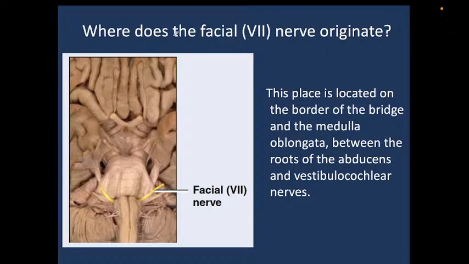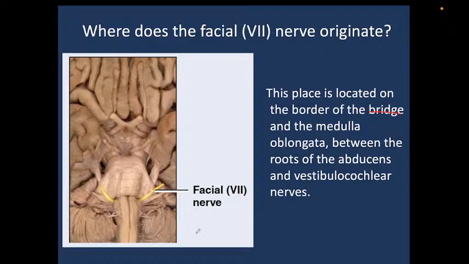The origin, the place where the facial nerve exits the brain, is located between the pons and medulla oblongata. That is the border of the, this is not bridge, this is my mistake, it's pons and medulla oblongata. You see here a yellow color, this is the facial nerve.